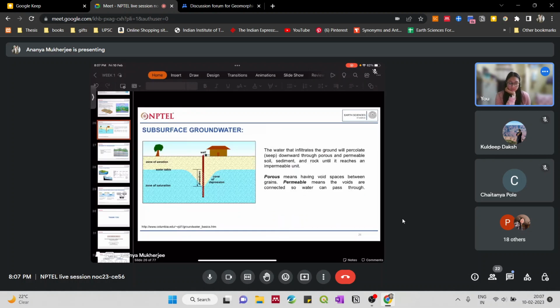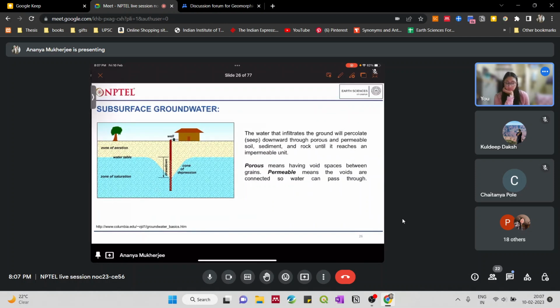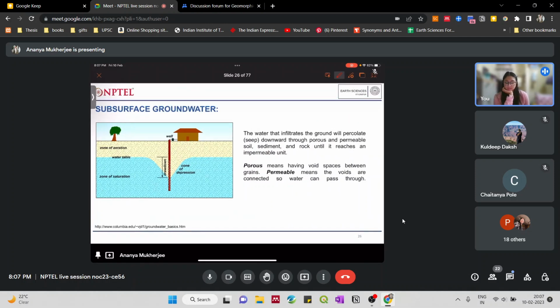Over here you see the zone of aeration. The vadose zone is present in this layer, where along with water, the spaces between the sediments or the bedrocks are also filled with air, because it is closer to the surface.